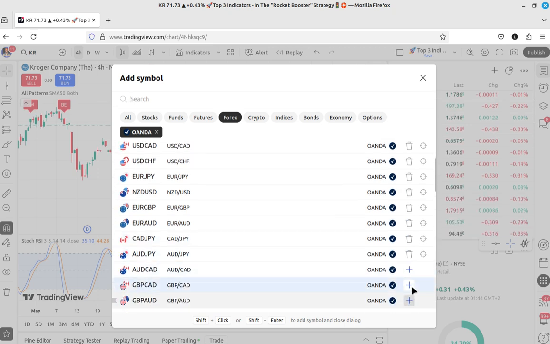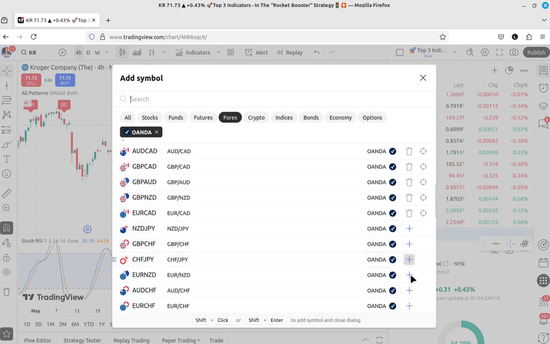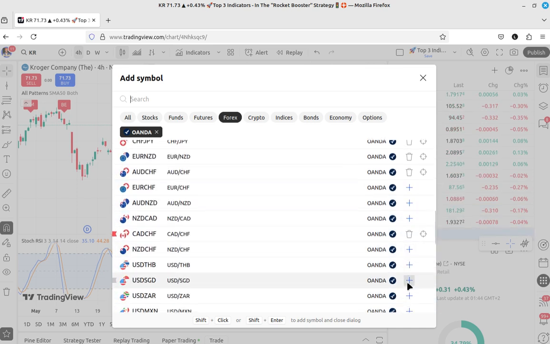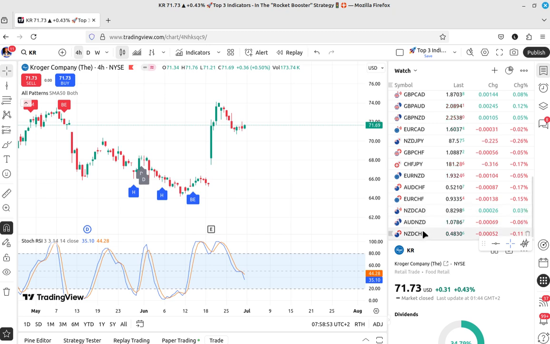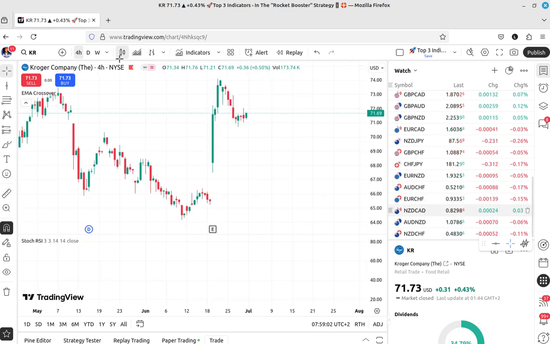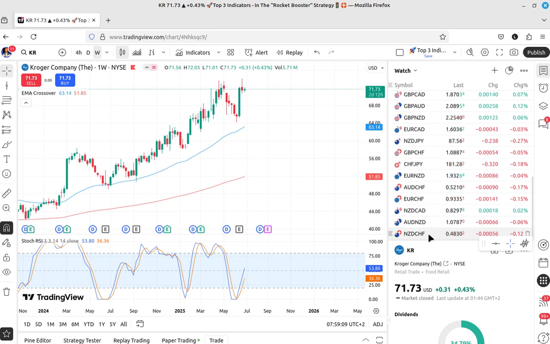And so remember, we're looking for a weekly reversal or breakout.